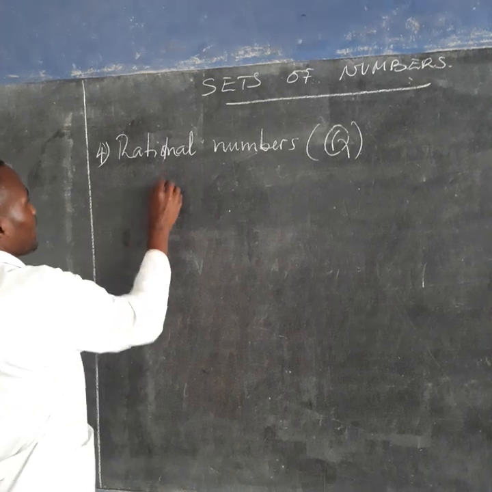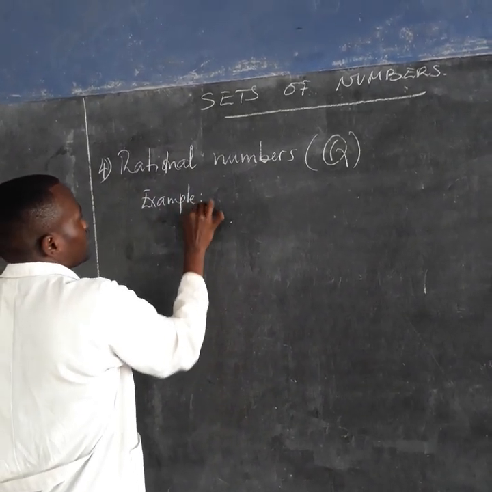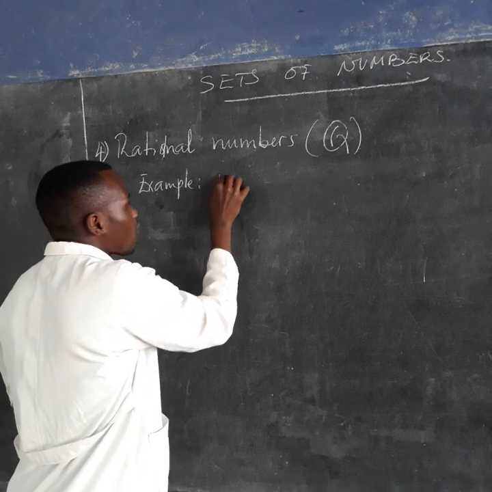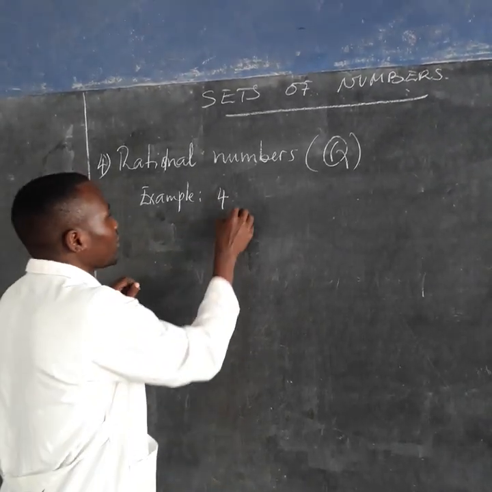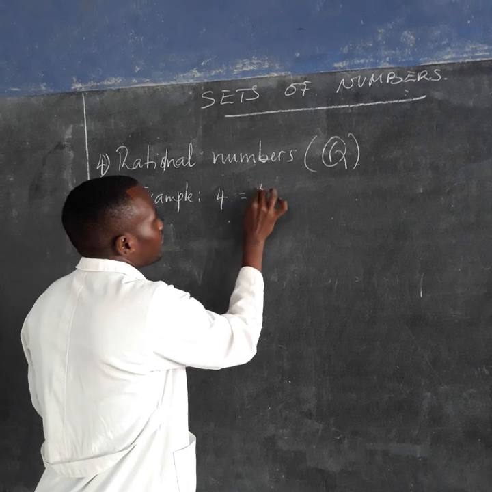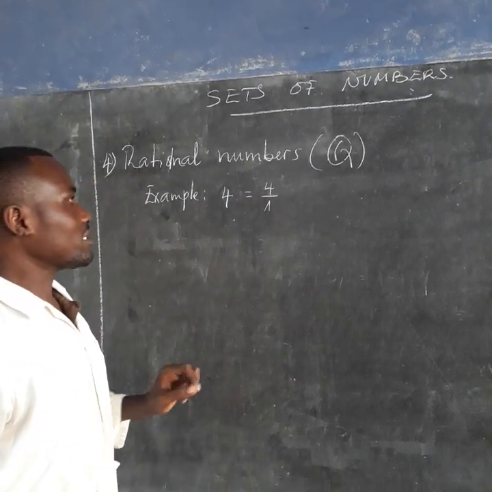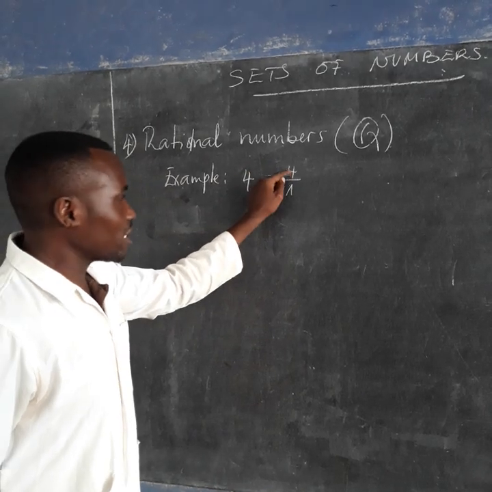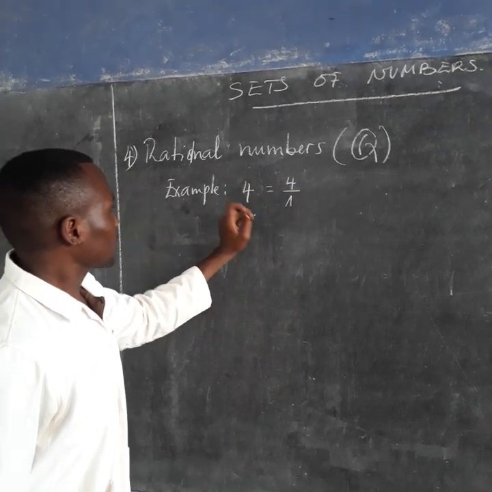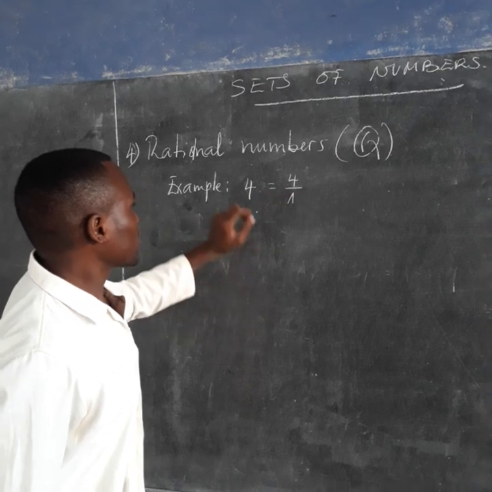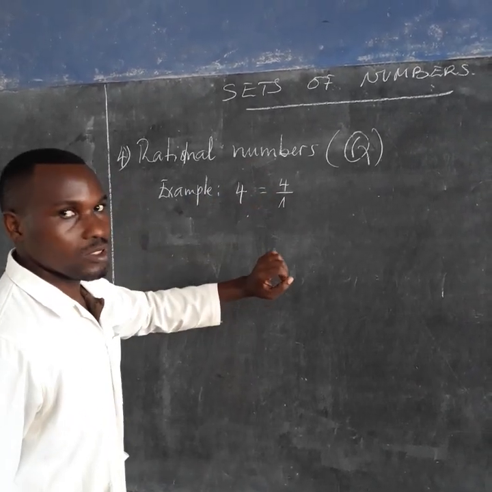There are some examples of rational numbers. For example, when we write 4, this 4 is a rational number because this number can be written as 4 over 1. This does not make it different, so 4 and 4 over 1 are the same.